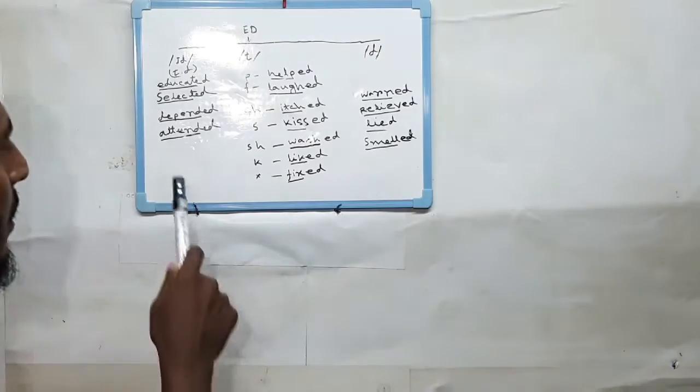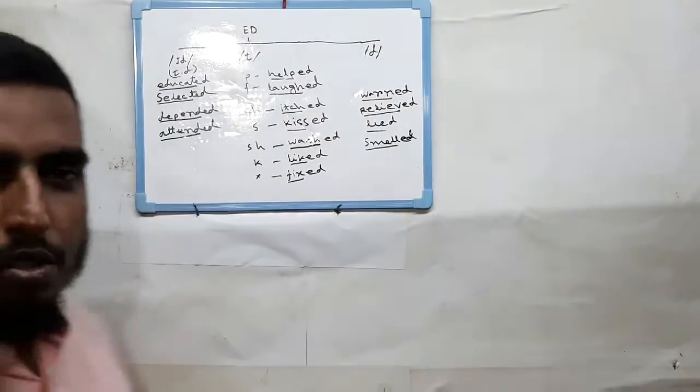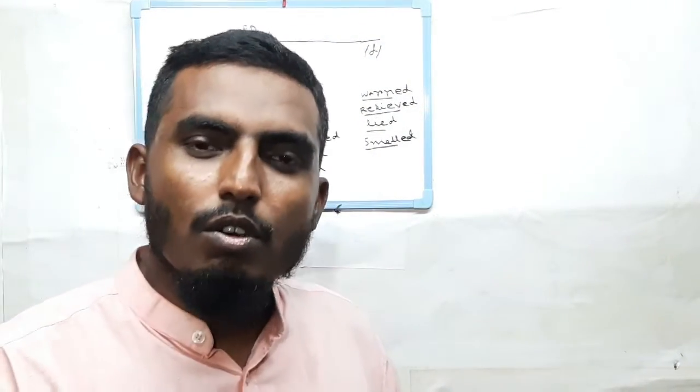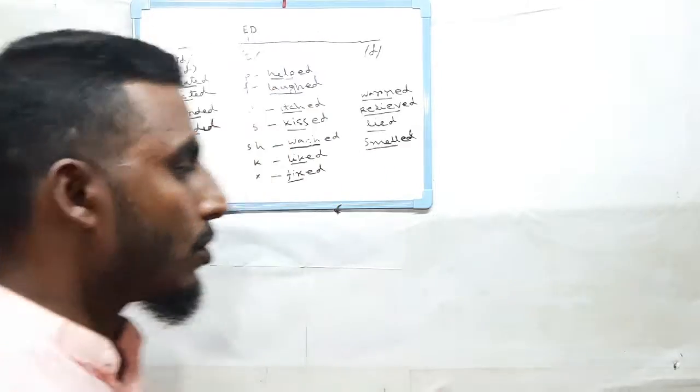Depend, the root word, has finished going to a da sound. Similarly, attend also finishes with a da sound. So, when the root word ends in a ta sound or a da sound, we pronounce the ed ending like an id sound.